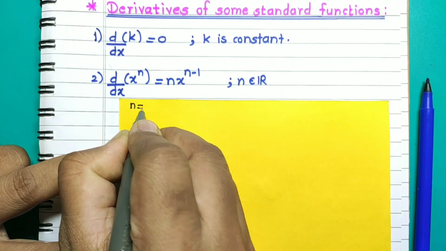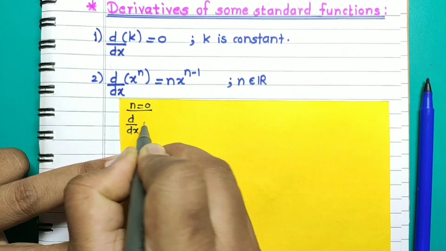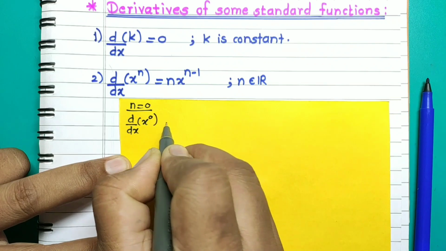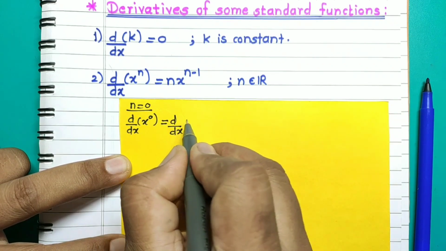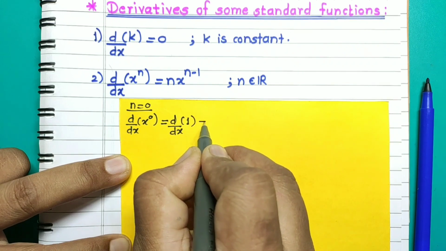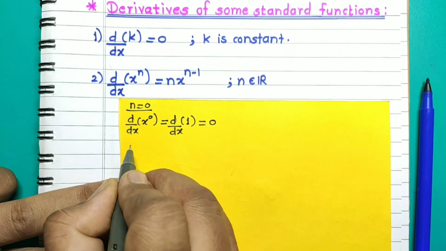Here if n is equal to 0, then the formula becomes the derivative of x raised to 0, which is the derivative of 1. So it is a constant function and its derivative is 0.